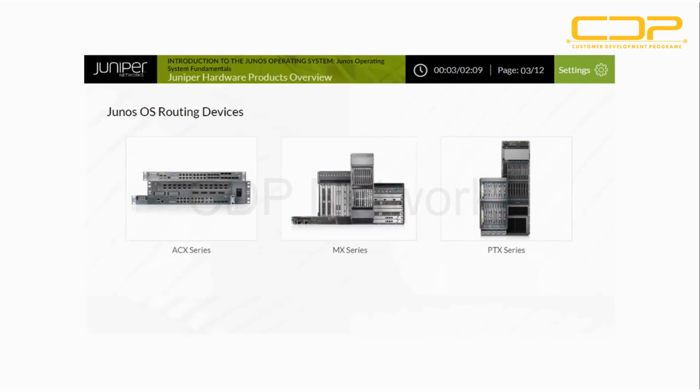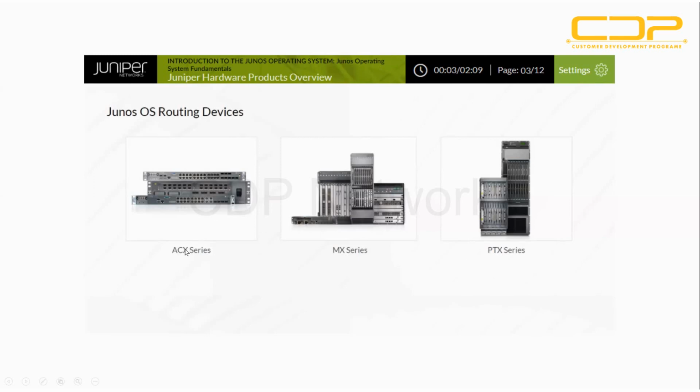Junos routing devices. For routing purposes, Juniper provides different series of products. One is the ACX series, another is MX, and the last one is the PTX series.